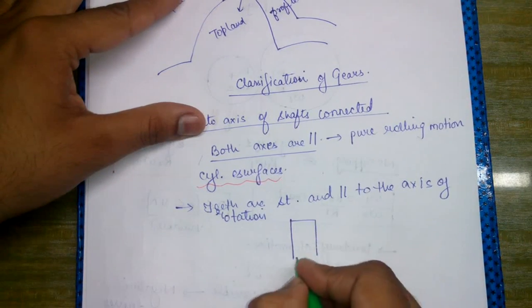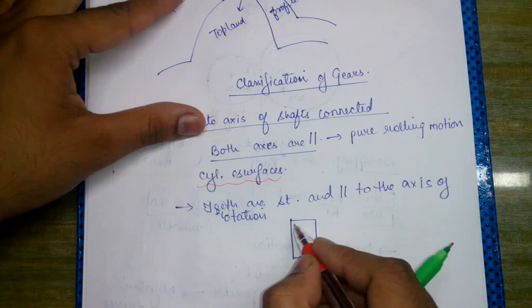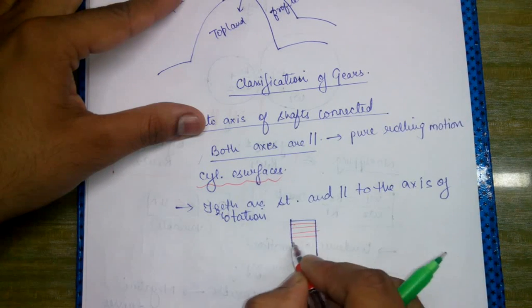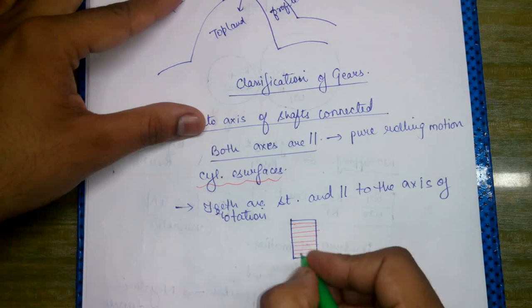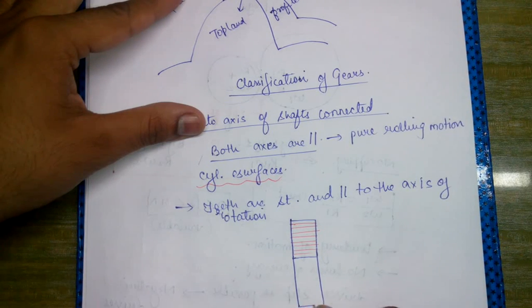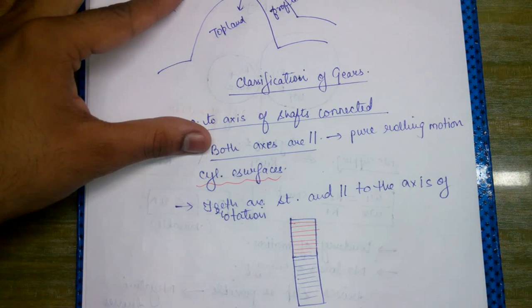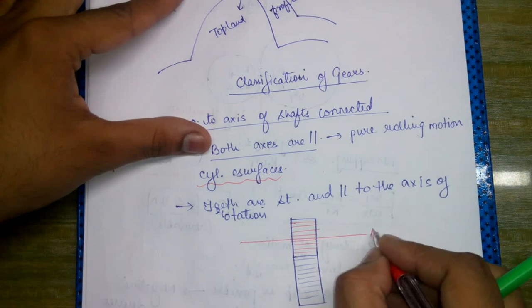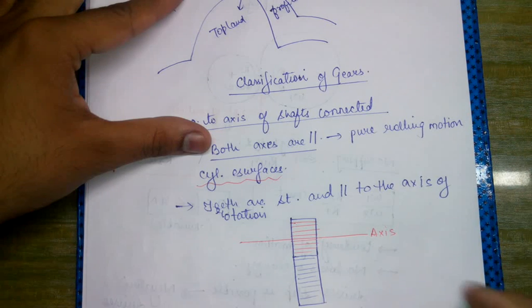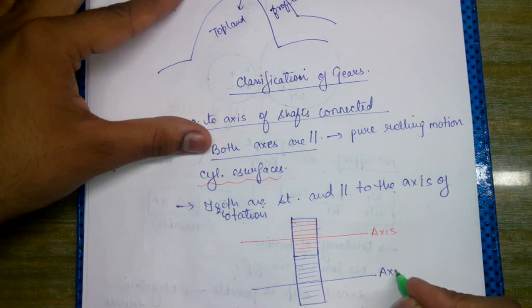For example, this is one gear and the teeth are like this. The second one is like this, such that the axis of the first gear is this and the axis of this gear is like this.